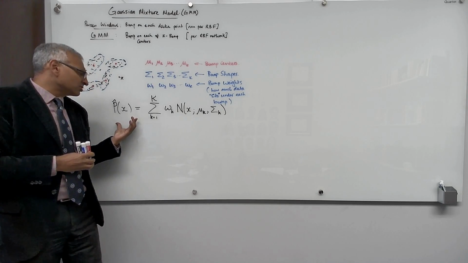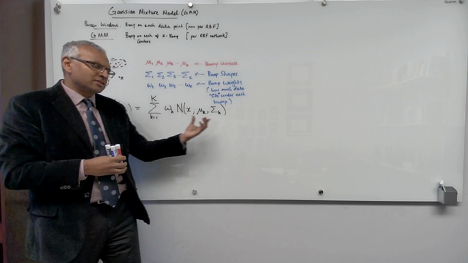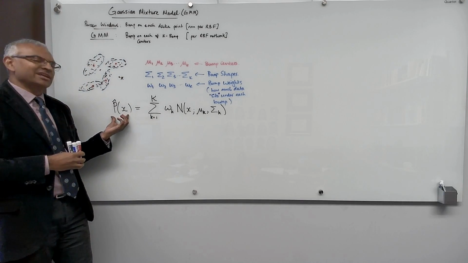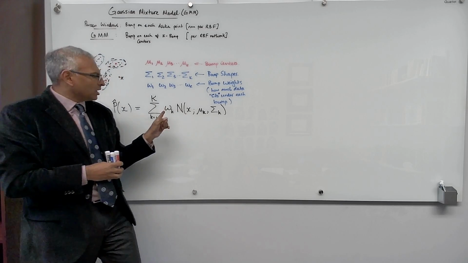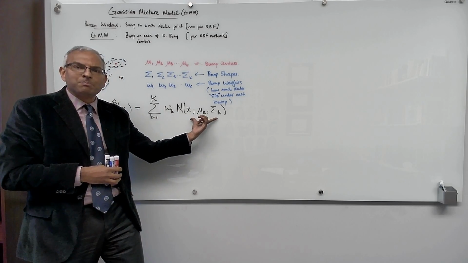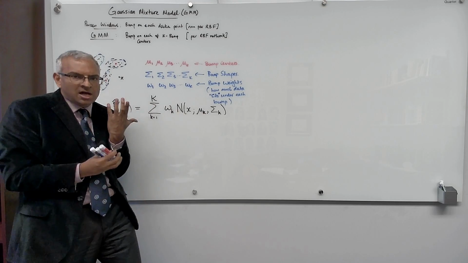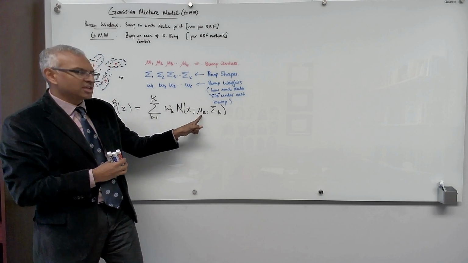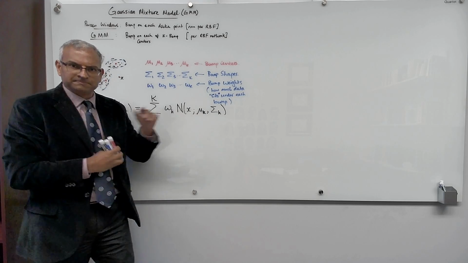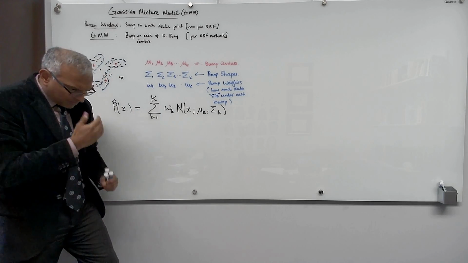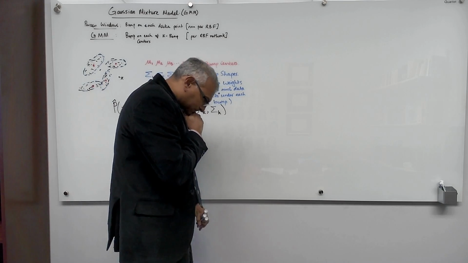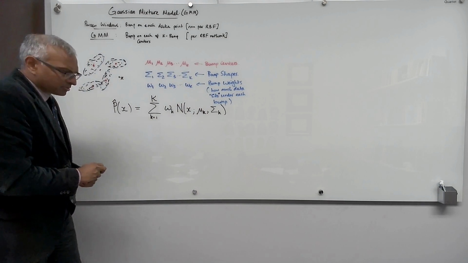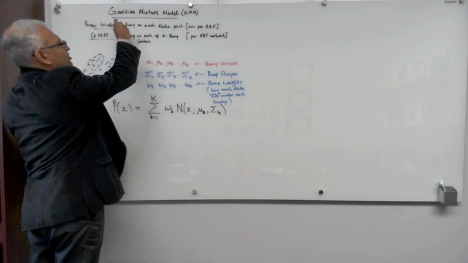You can think of this as a general formula that computes a probability density as what's called a mixture, a weighted mixture of bump densities, where in our case the bump densities depend on the center of the bump and the shape of the bump. And so let me tell you the kind of bump that corresponds to the Gaussian mixture model.